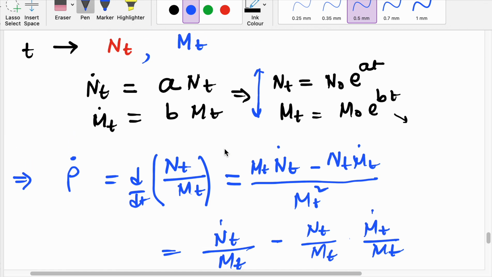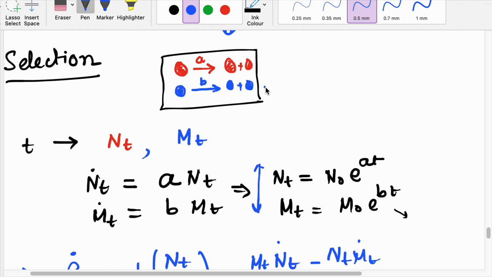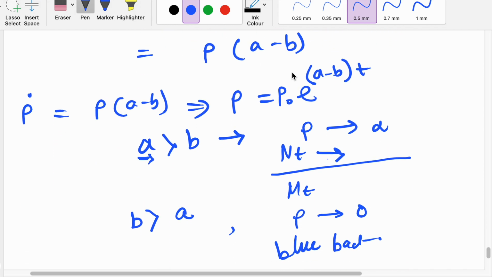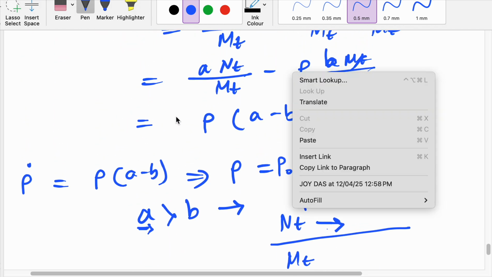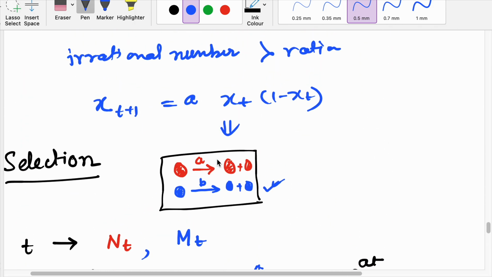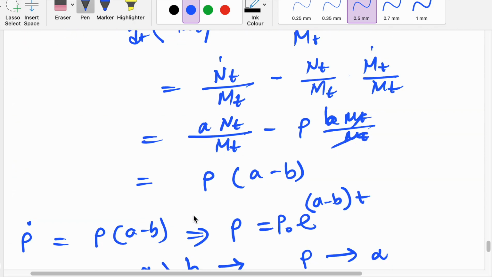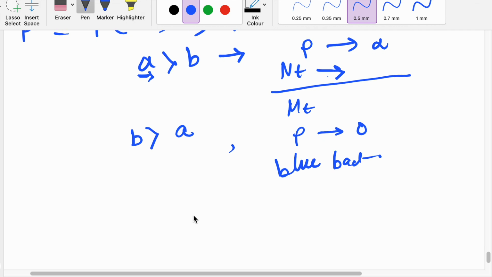So this is a kind of selection. Suppose in that population there are exactly the same number of red individuals and blue individuals. After some point of time, if a is greater than b, meaning the reproduction rate of the red individual is greater than blue, then you will find lots more red bacteria than blue, and if it is the other way around, you will find more blue bacteria.